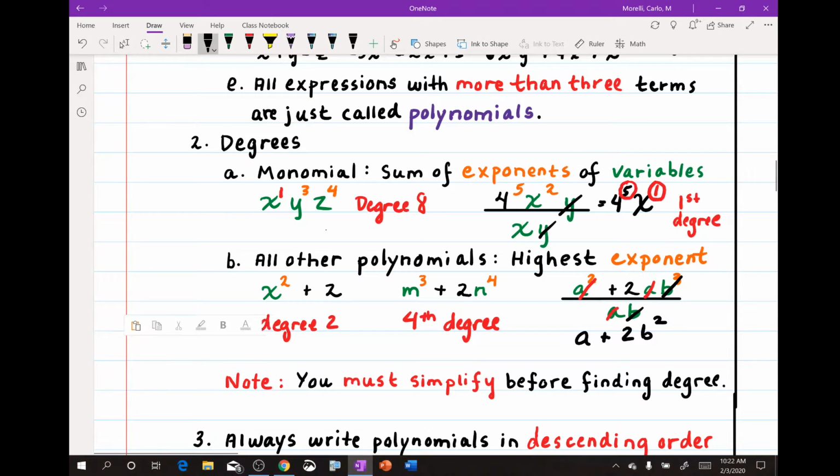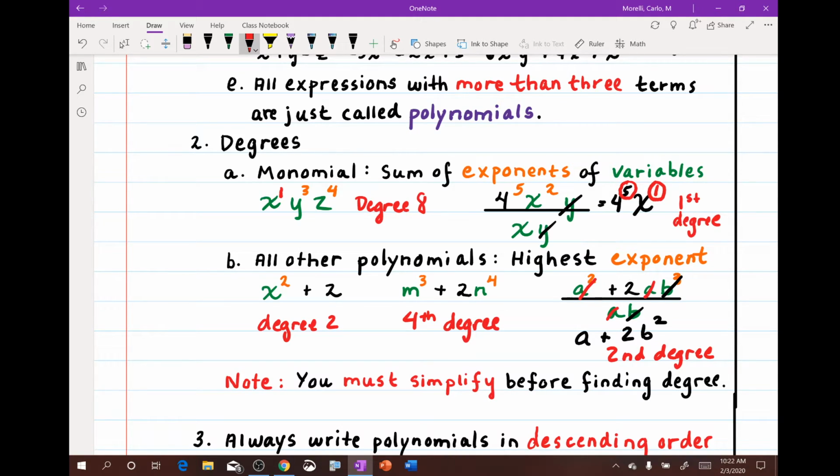So you have a plus 2b squared. This is a 2nd degree polynomial. And the type of polynomial that this is, a binomial because there's 2 terms. These are all binomials, actually, if you look at them.